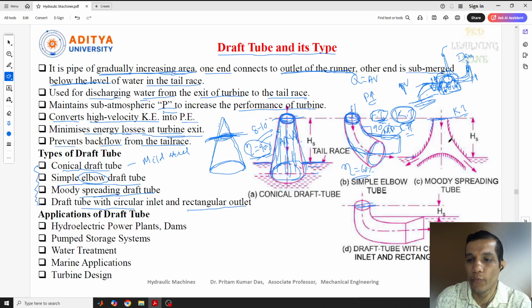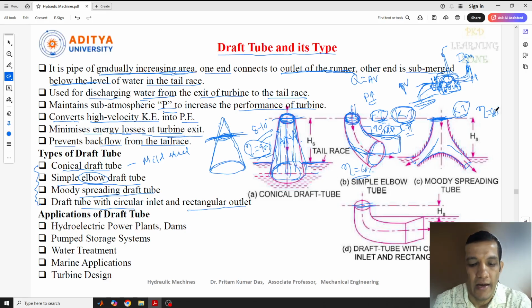For the Moody spreading draft tube, we have one entry but multiple exits. The inlet part will be circular, but the outer part will be divergent, two divergents like this. This can be used for the Kaplan turbine, and its efficiency will be near about 88%.